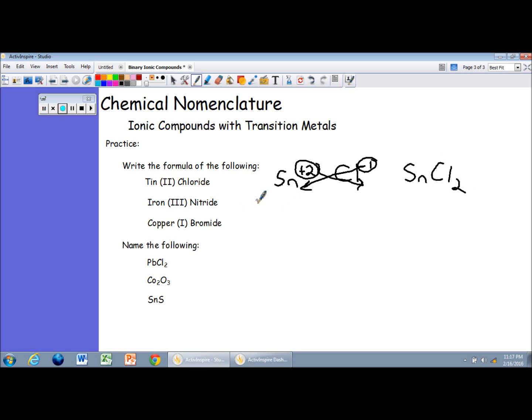Iron(III) nitride. Again, write your element symbols down. Iron has a +3, which we get from the Roman numeral 3. Nitrogen, since it's in group 15, will always have a -3 charge. Crisscross.